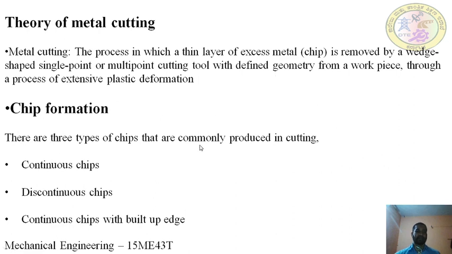There are three kinds of chips commonly produced by cutting: continuous chips, discontinuous chips, and continuous chips with the built-up edge. The formation of chips, as I told you, depends upon the cutting conditions, the material of the workpiece, and also the geometry of the machine tool.